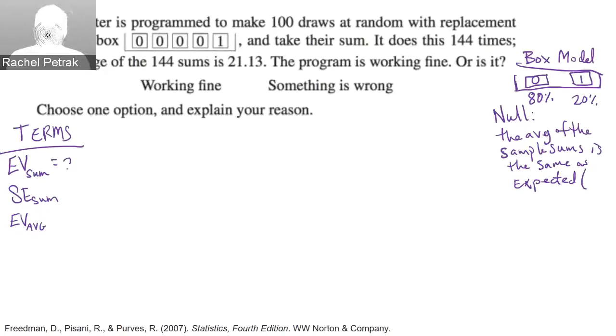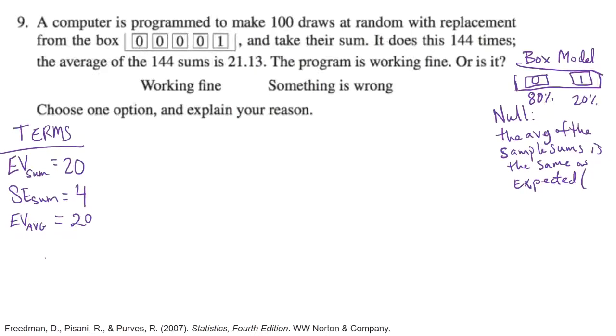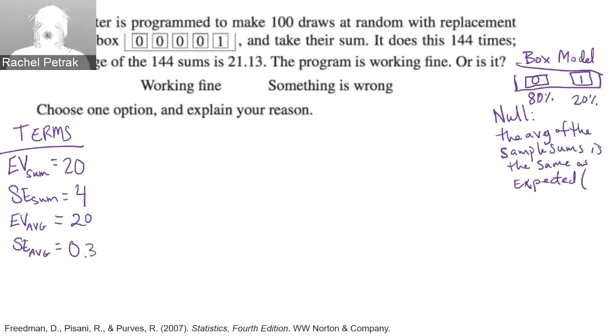We know the expected value for the sums would be 20. The standard error for the sums is 4. So the average of the 144 sums should be around 20. And then the standard error for the average is 0.33. So let's do our analysis with those data.